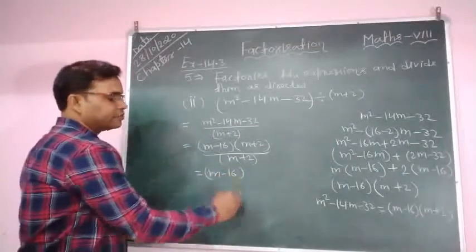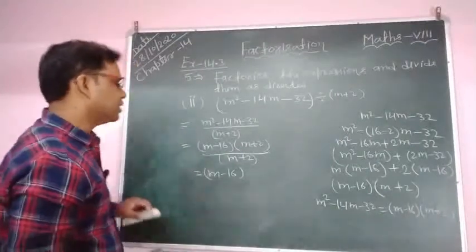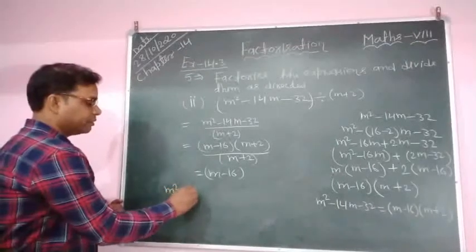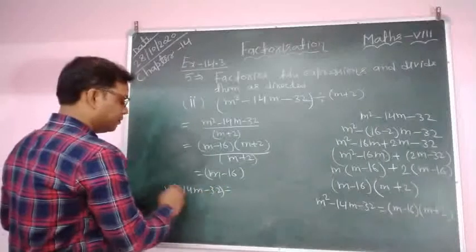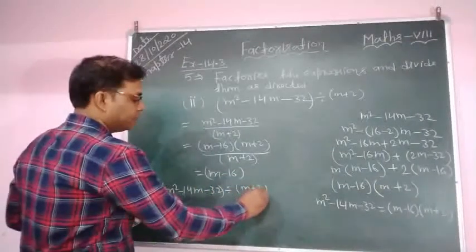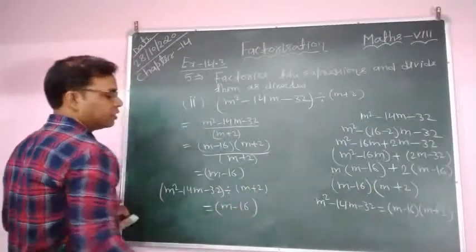This is the quotient. Okay? Or simply we can say when you divide m square minus 14m minus 32 by m plus 2, then we obtain m minus 16.